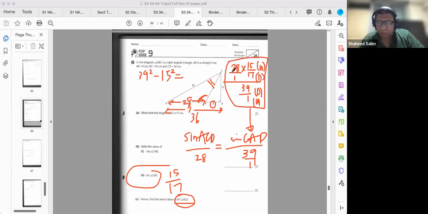These two numbers are on top, so it's 28 times 15. Then 17 goes down, 39 also down, and 1 goes up. So you try this 28 times 15, divide by 17, divide by 39. You will get 0.633 or something like that.